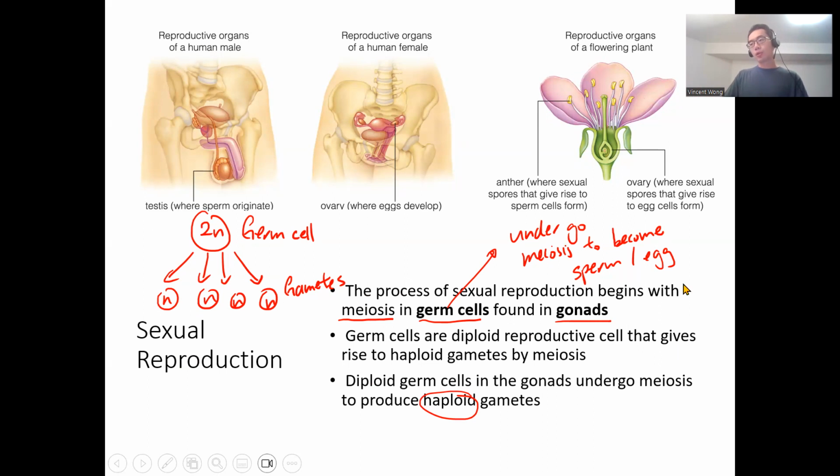And again, you should know humans are not the only ones who are doing this. Plants also can do sexual reproduction. But plants are a little bit different because they have both male and female parts. That's why plants can self-fertilize. The pollen is found on the anther, and the egg is found in the ovary.